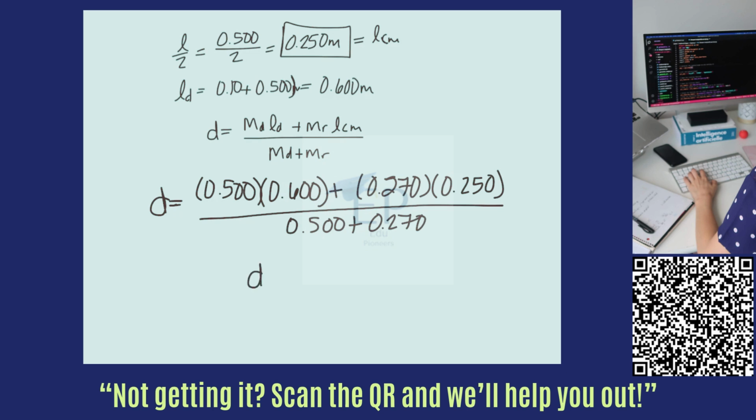And we get an answer for the distance between the pivot point and the center of mass of 0.477 meters.